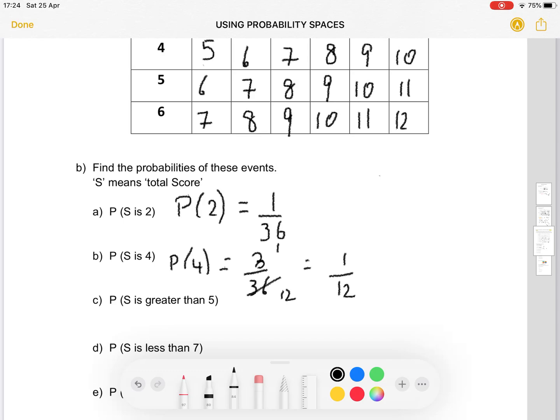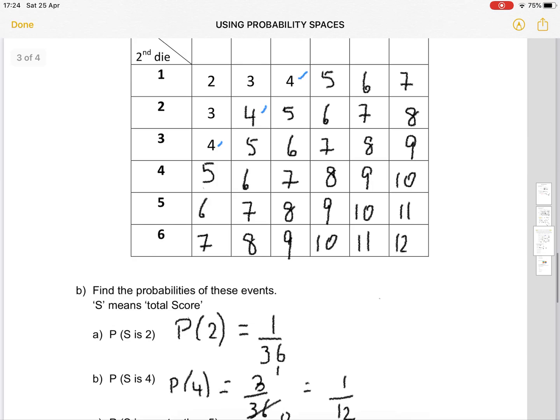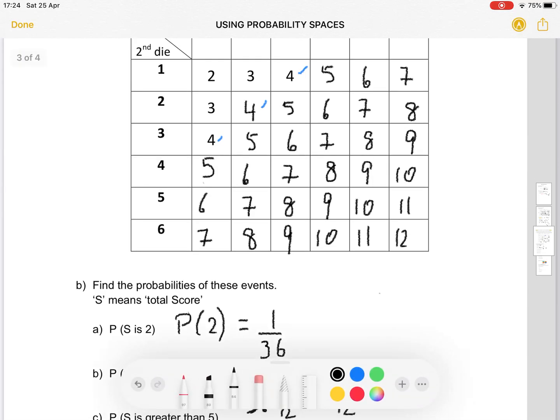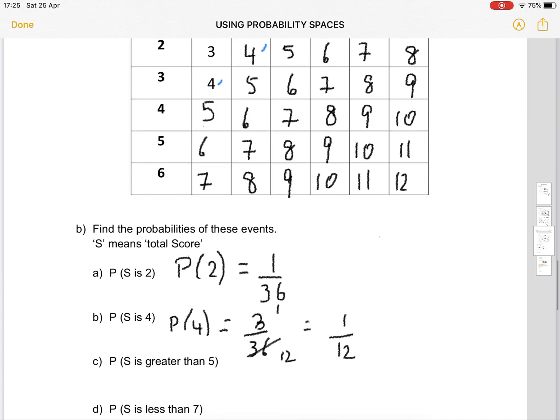Now, the probability that S, the total score, is greater than 5. Let's mark them. Let's use another color. Greater than 5. The 5 is not included here because it says greater than 5. Okay, the 5 is not included.